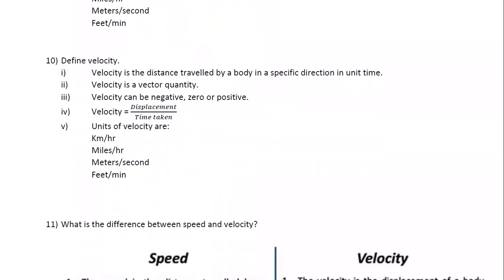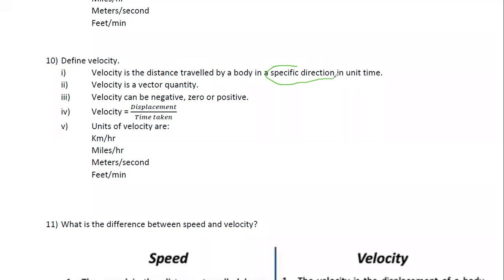So velocity, as I have written here, is the distance traveled by a body in a specific direction. Now, what is added here? Direction is added. So, velocity is also distance traveled in unit time, but in velocity, there is one more thing, that is direction, right?